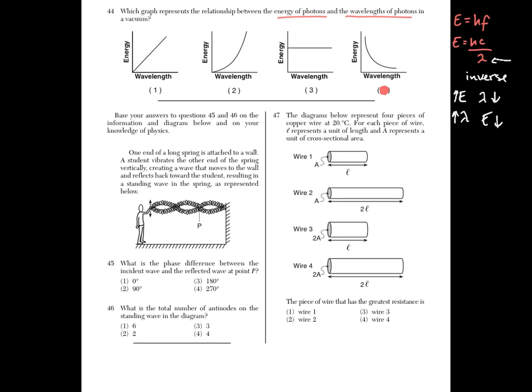So the incident wave, there's a lot of vocab here, is the one that goes first, the incoming wave into the wall. That's your incident wave. The reflected wave comes off the wall, okay? So your incident wave goes into the wall, and it gets reflected off the wall.